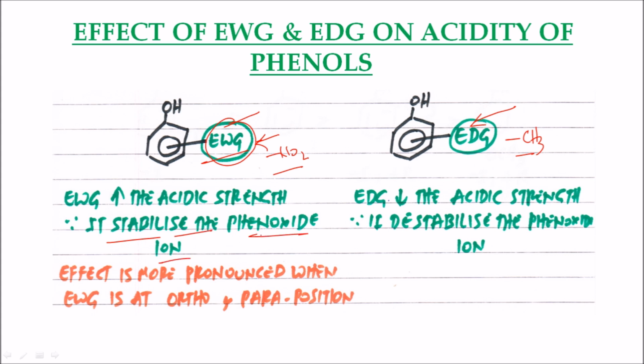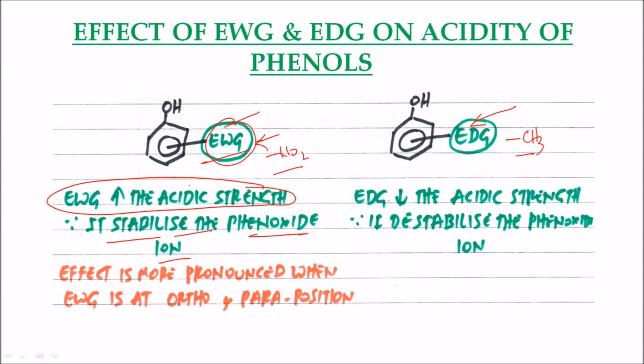And if phenoxide ion is getting more stable, electron withdrawing group will increase the acidic strength. So if we are having electron withdrawing group present, it will stabilize the phenoxide ion, and if it stabilizes the phenoxide ion, it is actually helping ionization.